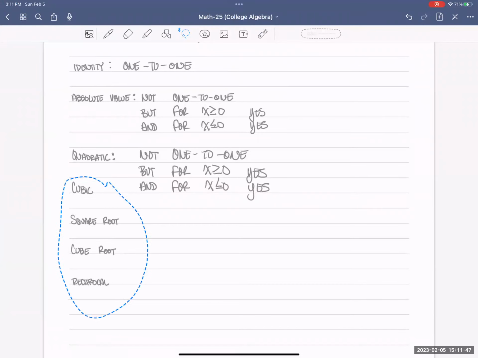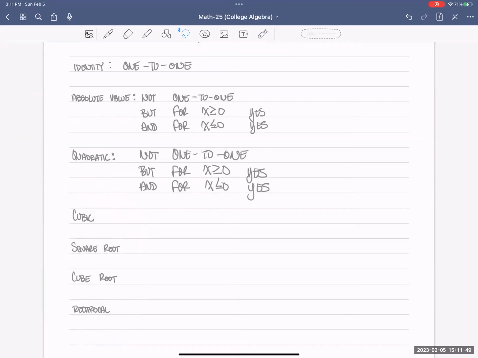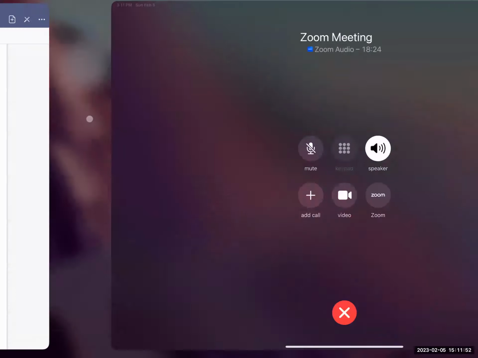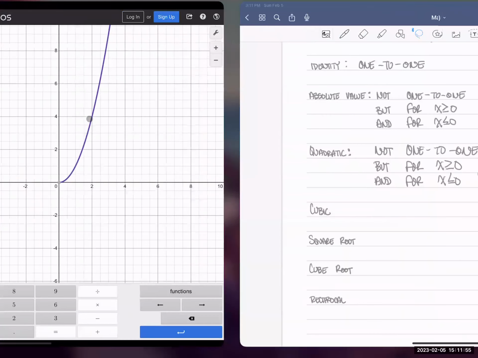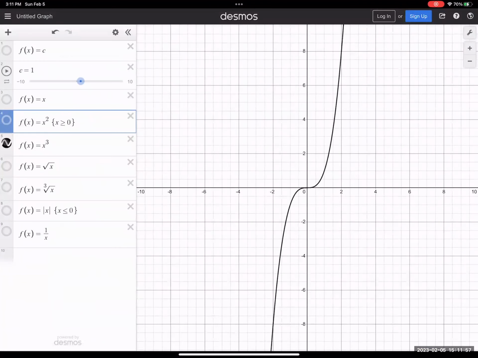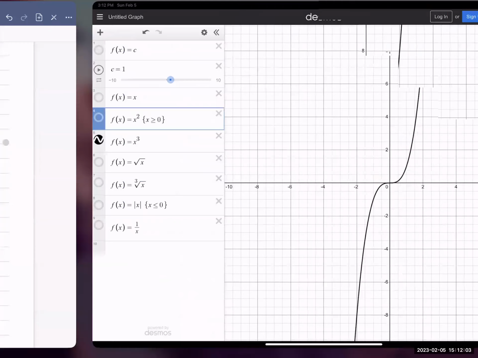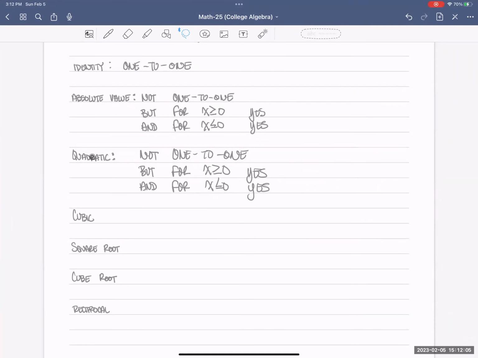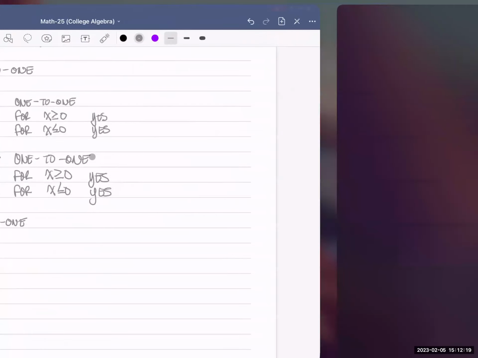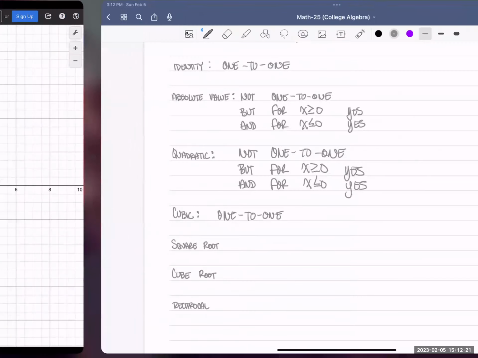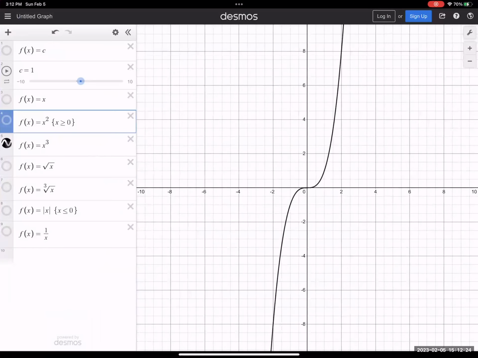Next, let's go for our cubic function and see what we have. It looks like we're one-to-one here, so one-to-one automatically. Next, let's try our square root function.